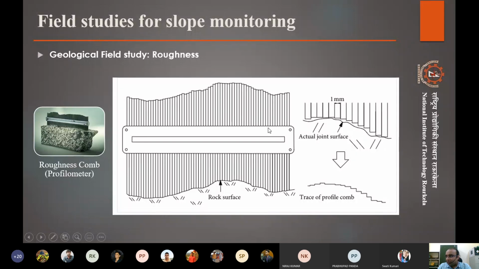So the thickness of these needles will decide how accurately we are measuring the roughness of this rock. If these are thick needles, like 1 mm or more, there will be certain indentations. Like on the right side, you can see this is the rock profile or the rock feature, and what record is being made on the comb is something like this, because the minimum thickness of these needles is a bit larger.